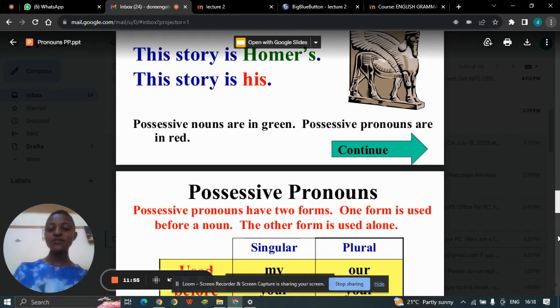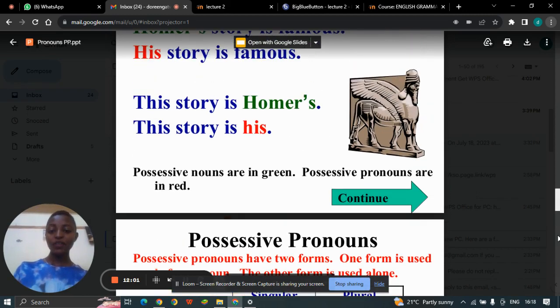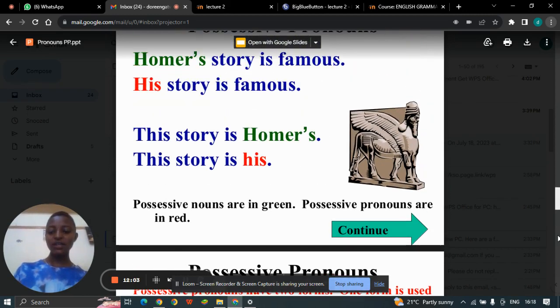So possessive nouns. In this case, the ones I've highlighted in green are the possessive nouns, and the possessive pronouns are in red. The possessive noun in that case is Homer's, and the possessive pronoun is his.